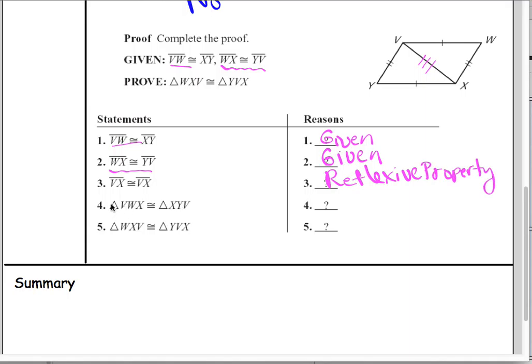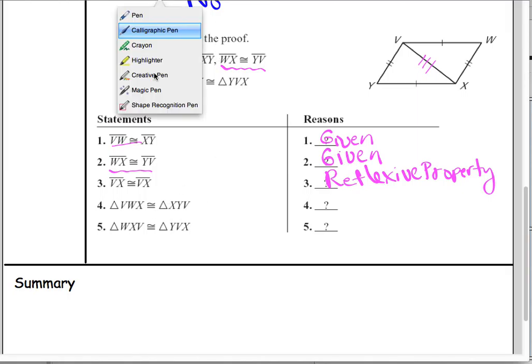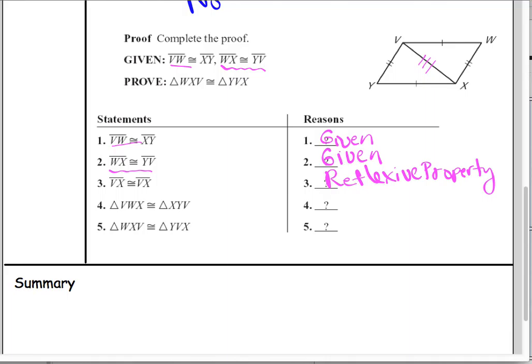And then they're saying that the triangles are congruent, and nobody would name it wrong. When you're writing a proof, you're not going to name it one way and then change how you name it. So this line really makes no sense in this proof. So I'm whiting that out because you're not going to do that in your proof.